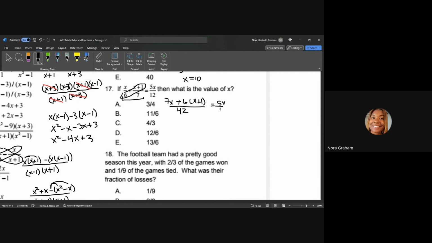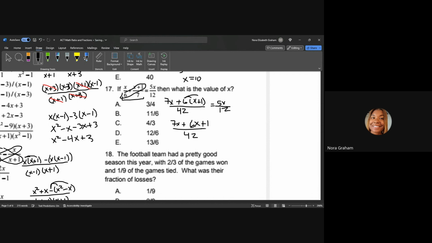So now let's simplify our left-hand side down a little bit more by combining like terms. So I have 7x. I distribute that 6 through up top right here to hit each and every term. So that's plus 6x plus 1 over 42.